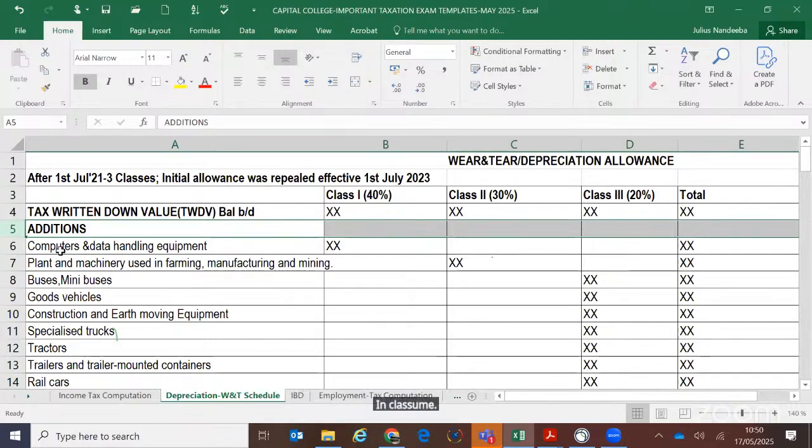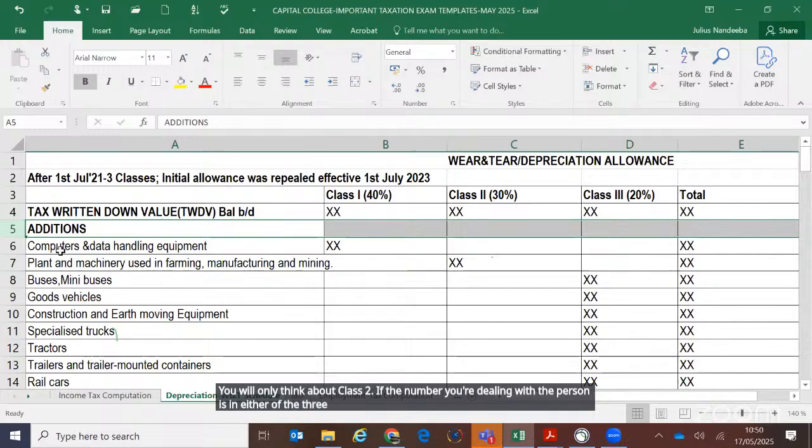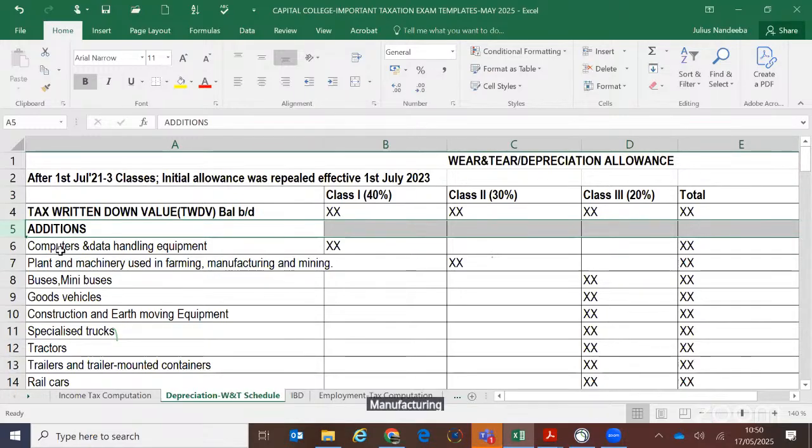But all you have to remember, you will only think about class 2 if the person you're dealing with is in either of the 3 sectors: manufacturing, mining, or farming. And we are only talking about plant and machinery.